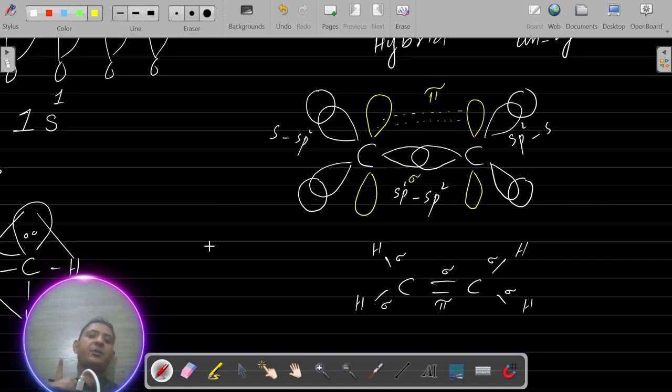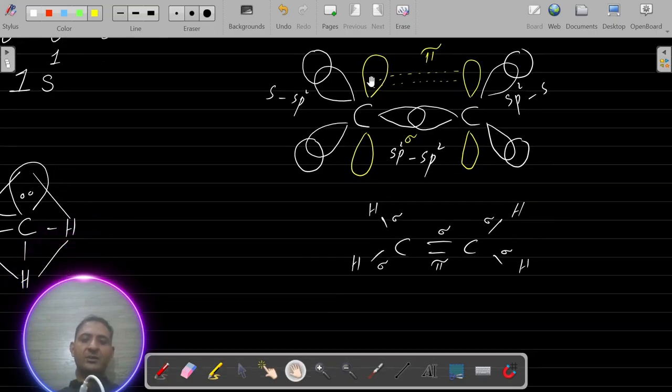The first bond is always made by sigma bonds. They are stronger bonds because of the head-on approach. When orbitals approach parallelly, it is a pi bond, and a pi bond is caused by unhybrid orbitals. I hope you understand this.